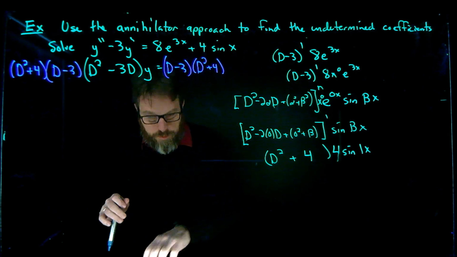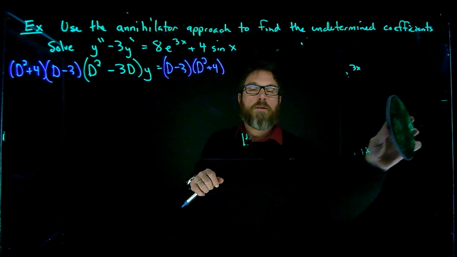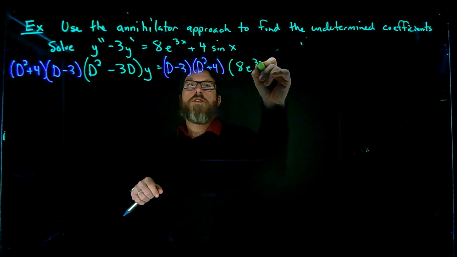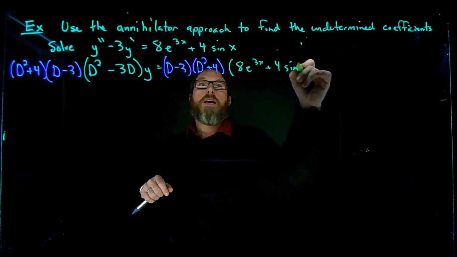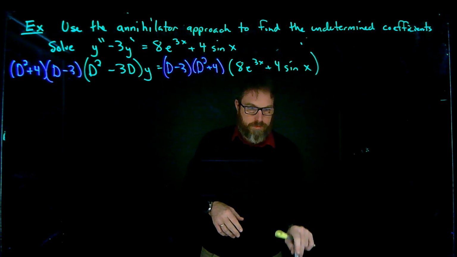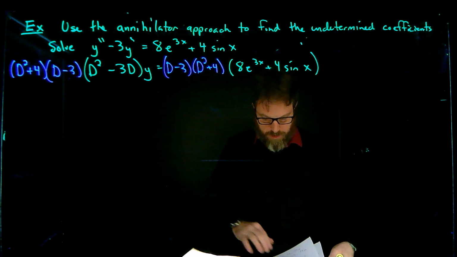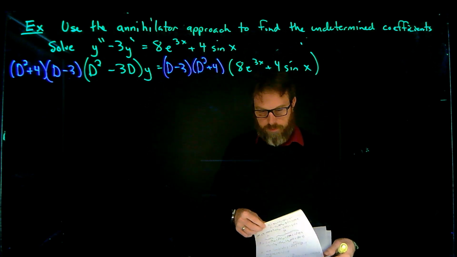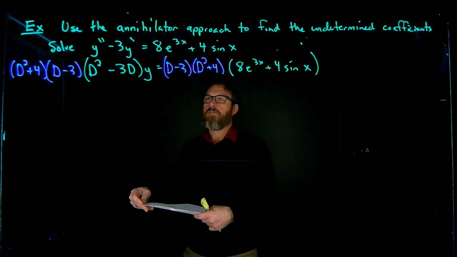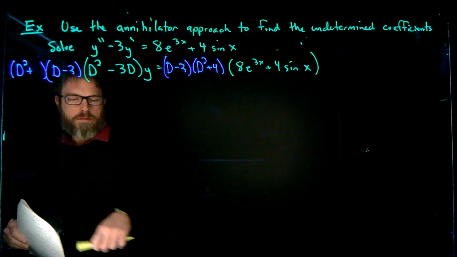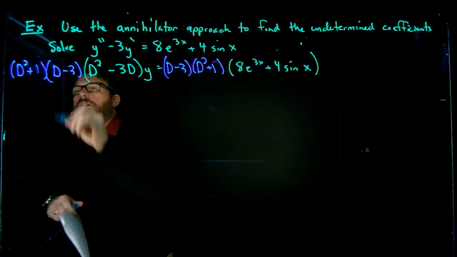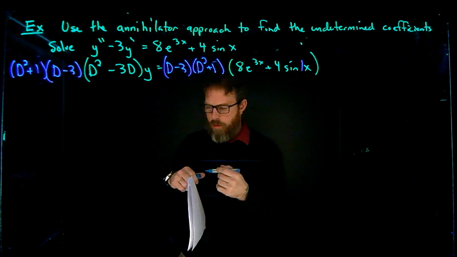And that's going to annihilate this piece, so this is going to be times this 8e to the 3x plus 4 sine of x. Not 4, 1, you silly. Not 4, but 1. Thank you. 1 because of that one.